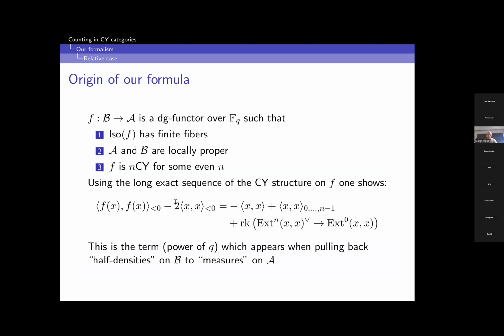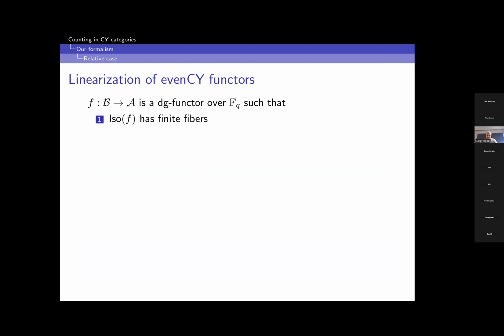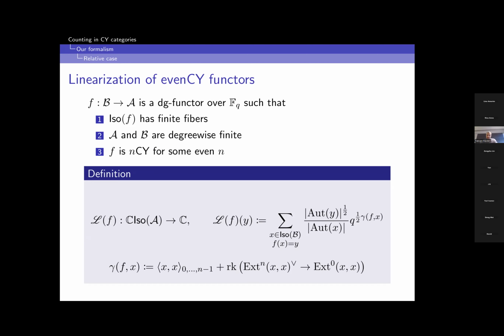So in that locally proper setting, I would have some formula involving this term, and now I just replace it by this other term, which I get because my functor was even Calabi-Yau. So it looks kind of ugly, but there's a conceptual explanation for where the formula comes from. And the justification for this is a kind of functoriality.